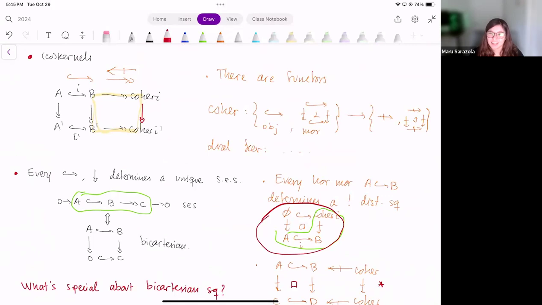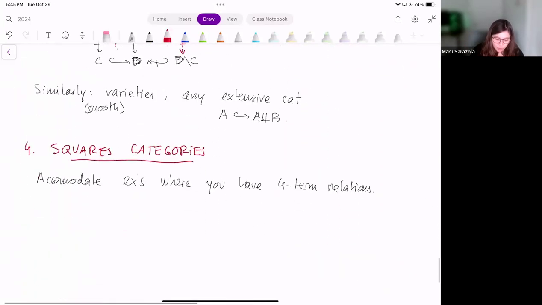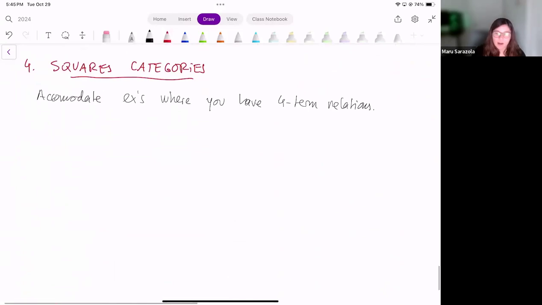I mean, there's the initial thing, but it's not really giving us any valuable data. There's a three-terminess underlying all this, because they're still coming from these short exact sequence analogs. But what if you really want to encode a full four-term relation? So that's why these came to be.